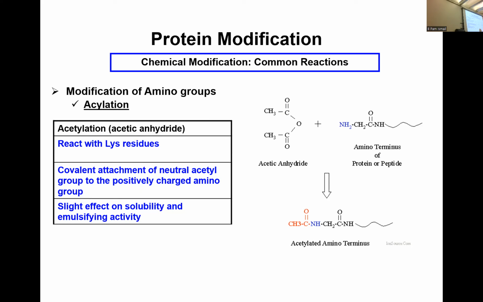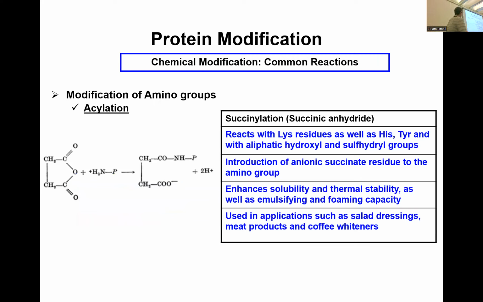Now, the next one is actually adding a negative charge. This one is succinylation. Here you're adding succinic anhydride, that is the chemical that you add. It mostly reacts with lysine as well as other amino acids. Again, it reacts with the amine group, and in this reaction, you get a negative charge here.